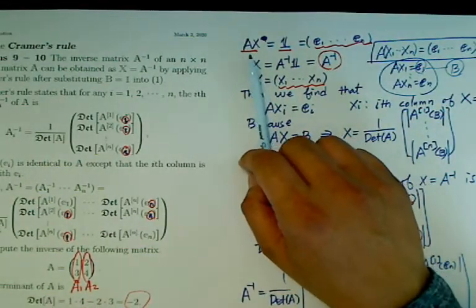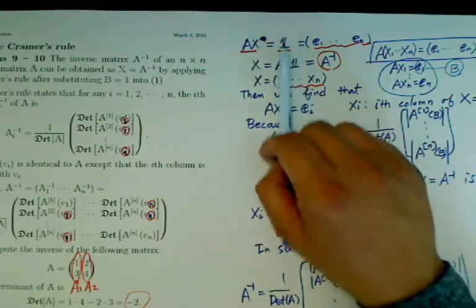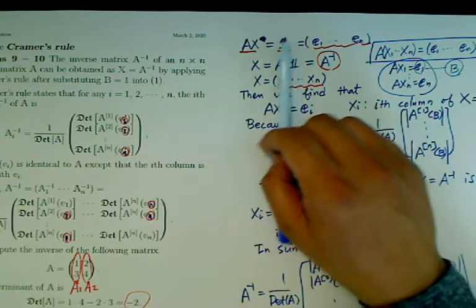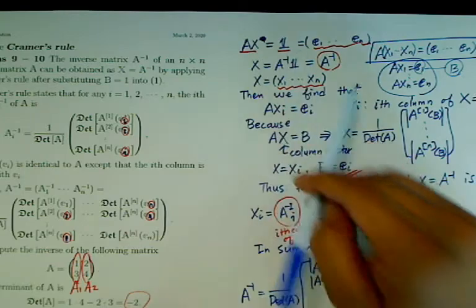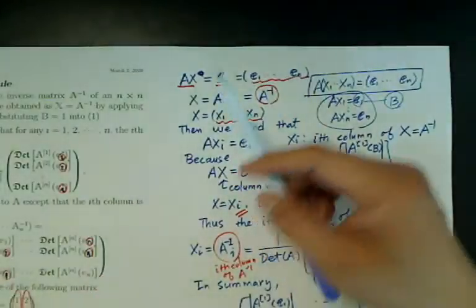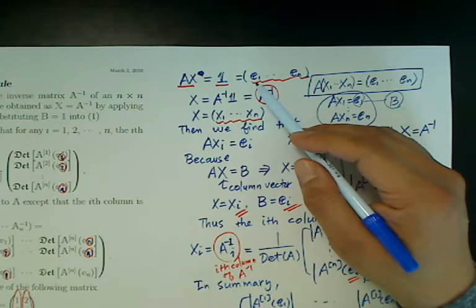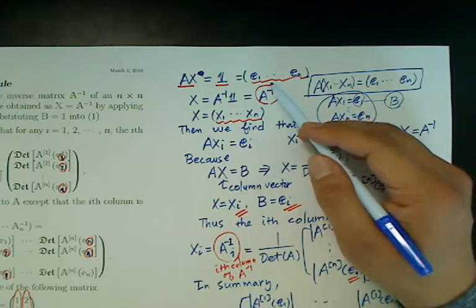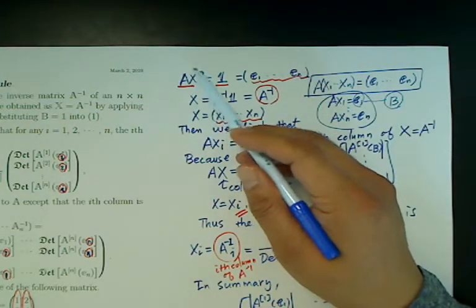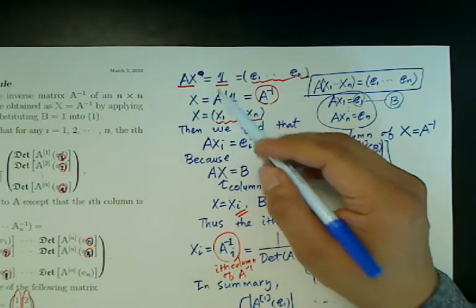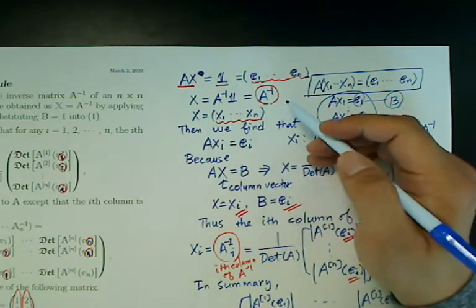What happens in the case when the column vector B is replaced with the identity matrix? That means the identity matrix is a list of unit column vectors, right? And here x is A inverse times identity. So x is actually the inverse matrix.